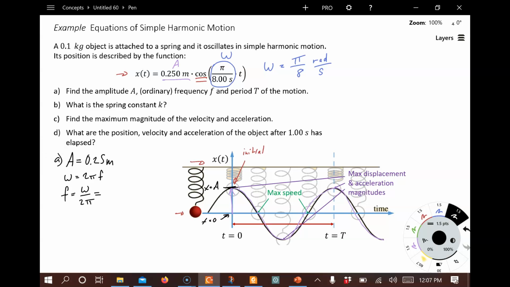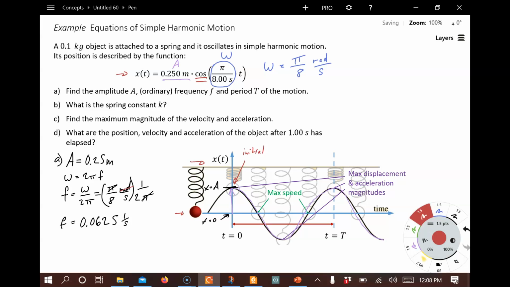We can plug in the numbers: omega is pi over 8 radians per second, multiplied by 1 over 2 pi. The pi's cancel, we get 1 over 16, and that comes out to 0.0625 per second. At this point, we drop the radians for ordinary frequency.